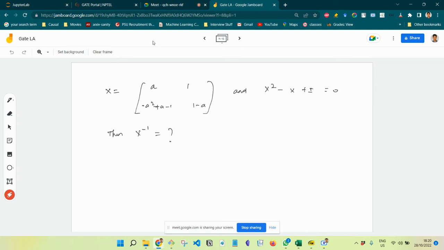X inverse equal to 1 by determinant x into adjoint of x. Right, that is the correct way to solve this question.